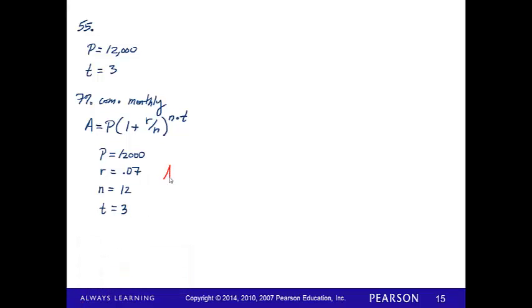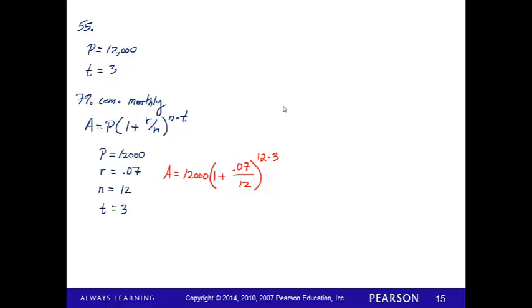So let's fill it in. We have A equals 12,000 times 1 plus 0.07 divided by 12, all raised to the 12 times 3. That will give you the compounded monthly. Again, I'm going to let you type that into your calculators.